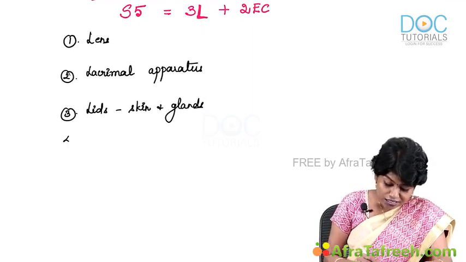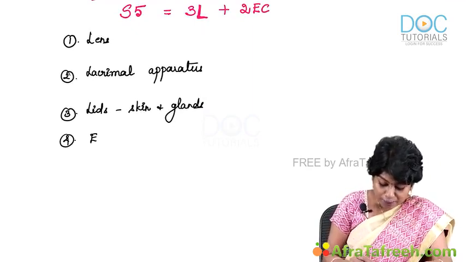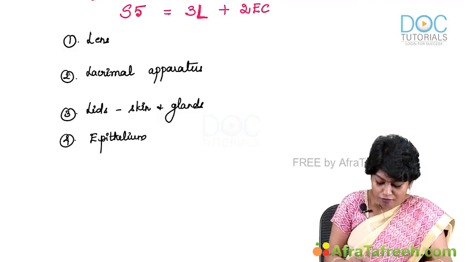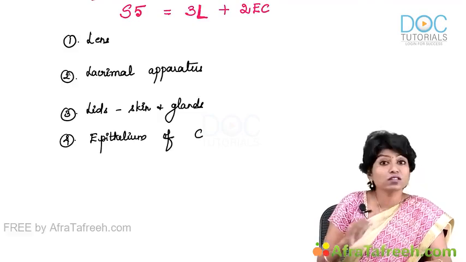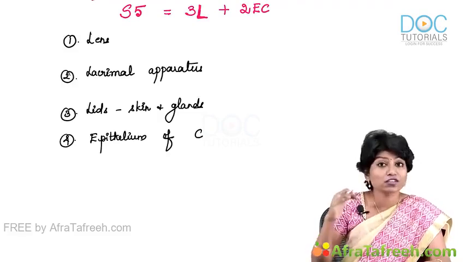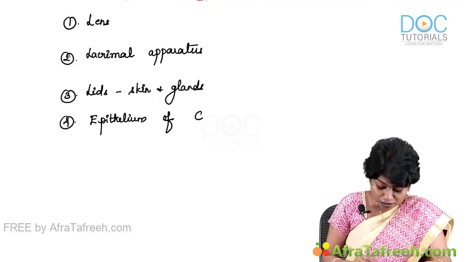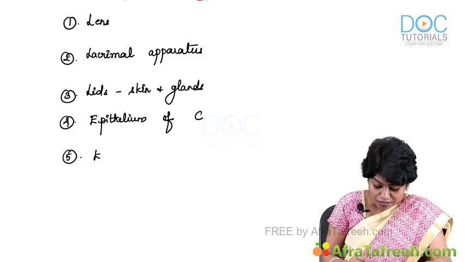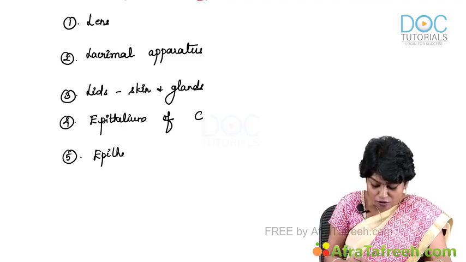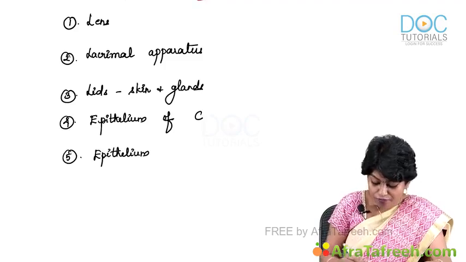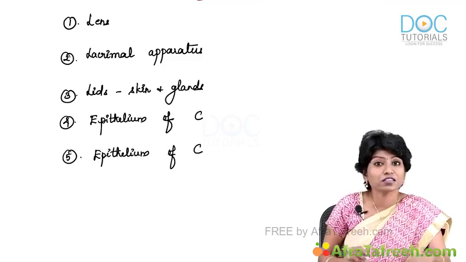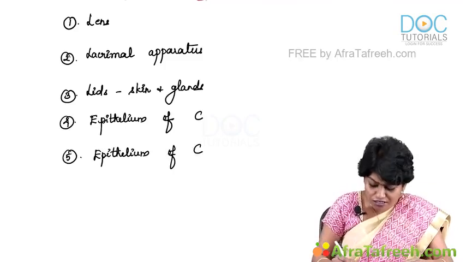Now what is this EC? Epithelium of a structure on the surface. Similarly, the second EC is also epithelium of another C structure. What are the 2 surface C structures?